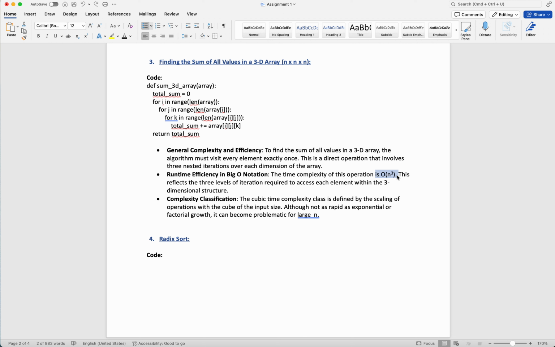The cubic complexity demonstrates the nonlinear scaling of operations as the size of the array grows. For the logic behind the code, triple nested loops correspond to the array dimensions, ensuring no element is missed. The code is structured for clarity, with the nested loops demonstrating the direct relationship between the data structure and the algorithm structure.